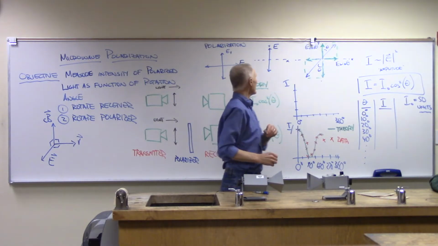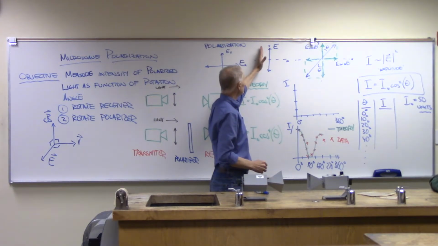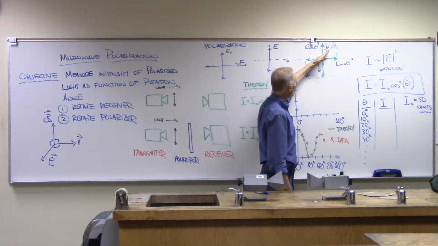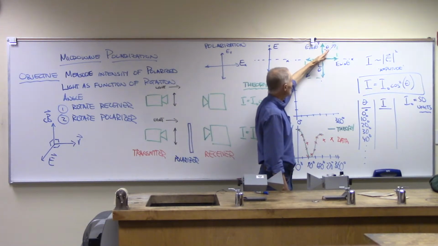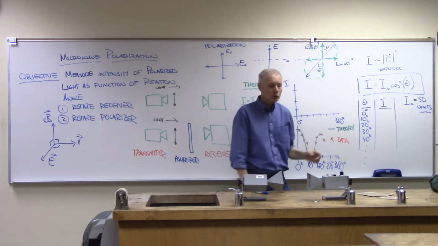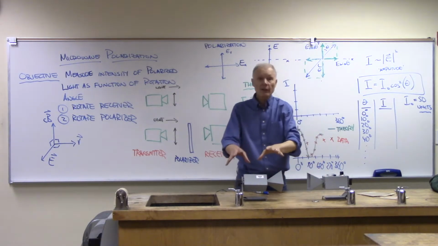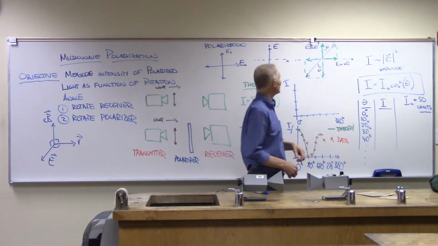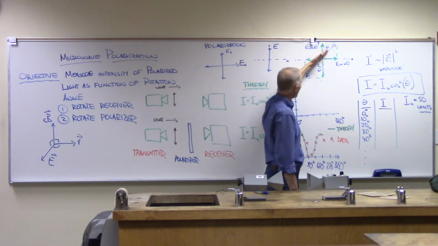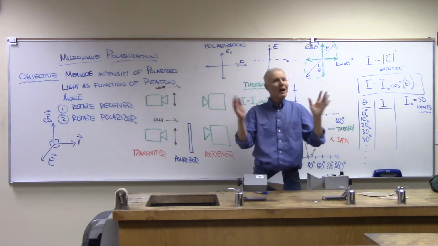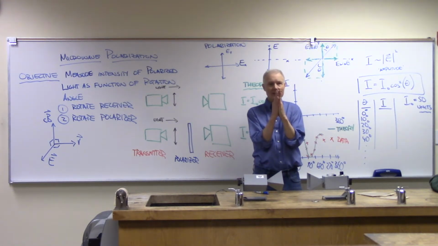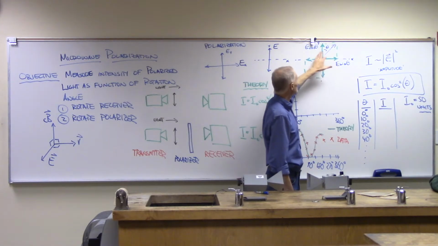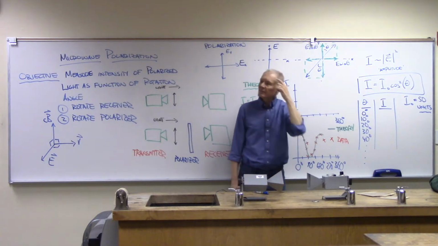Well, if I rotate the transmitter, instead of the light being vertically polarized relative to the room, the light is now polarized at a particular angle. So this is like the light reaching the receiver, for the setup that we currently have. If the light's coming in at some angle, but the receiver is saying, no, I'm only going to accept vertically polarized light, what we can do is divide the light up into components.